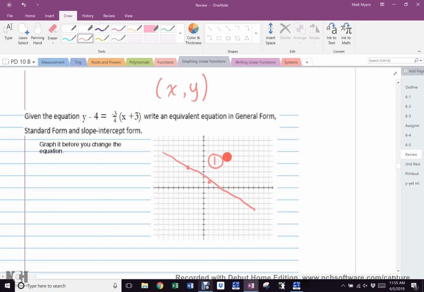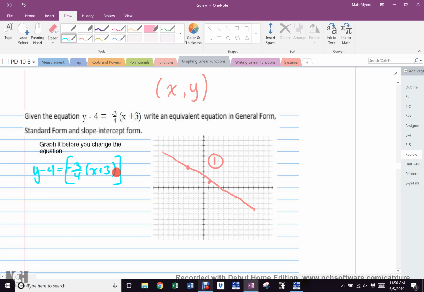The rest of this page is up to whom to decide on the order. You decide the order. I, personally, would take this and go to general form every time. But that's just me. Y minus 4 equals negative 3/4 x plus 3. General form has no negatives, no fractions. Or x can't be negative and no fractions.